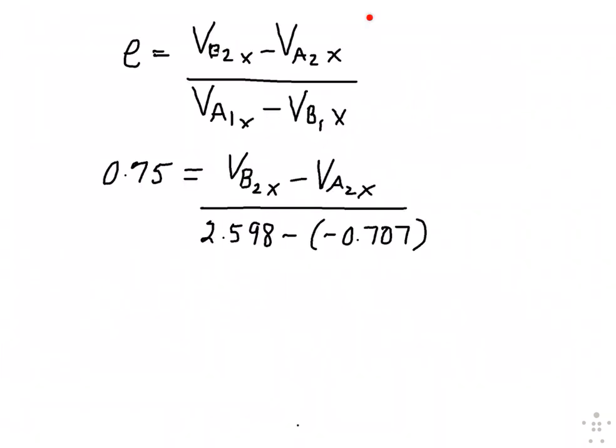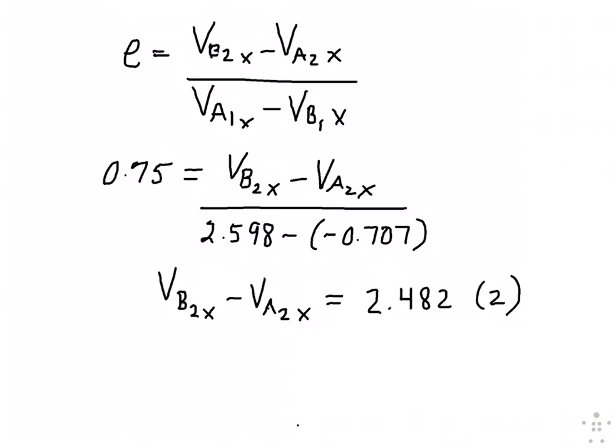Here's our coefficient of restitution equation: VB2 in the x direction minus VA2 in the x direction, those are the unknowns that we need to solve for, divided by VA1 in the x direction minus VB1 in the x direction. Those we knew, we broke those up into the components, so we just plug in the values that we know. We know our coefficient of restitution is 0.75.